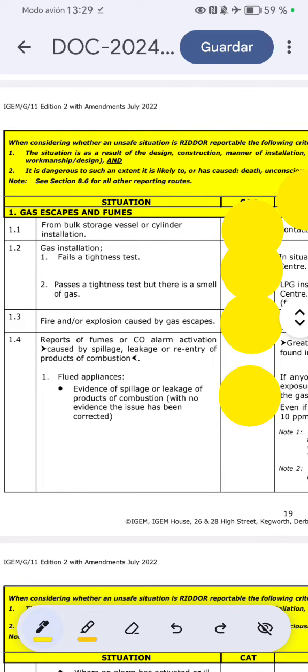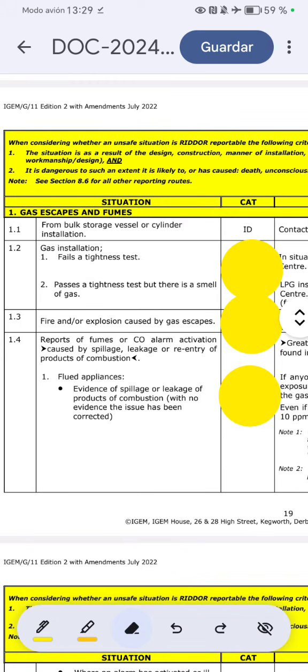Put in the comments below what you think that means. So what do you think it is? 3, 2, 1. I imagine that any gas escapes and fumes are probably going to be immediately dangerous. I could be wrong, but I'm going to say ID. Write down what you think 1.1 could be. ID. That's right.